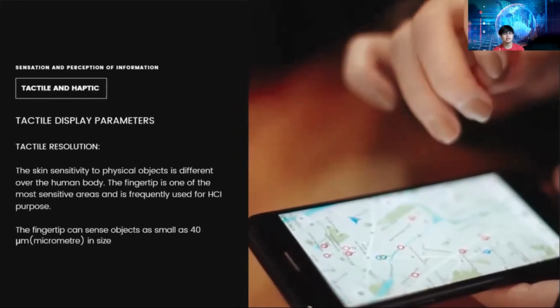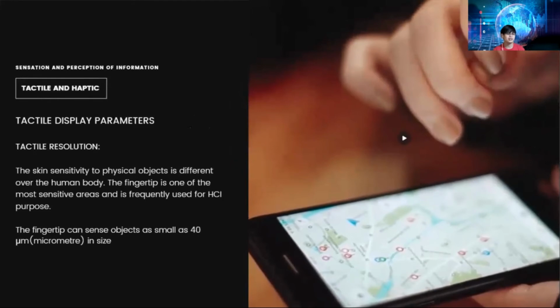Okay, so in tactile, there are the tactile display parameters. The skin sensitivity to physical objects is different across the human body. The fingertip is one of the most sensitive areas and is frequently used for HCI purposes. You may have observed this in touch screens.